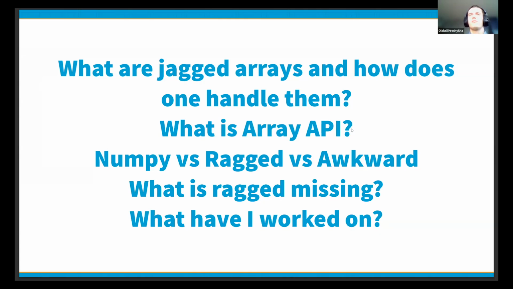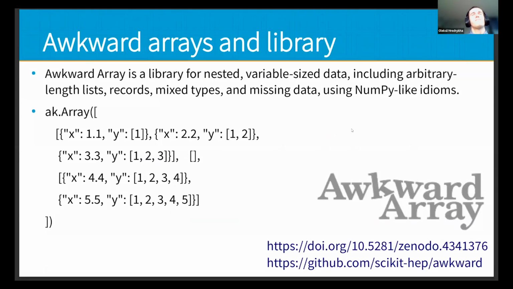what the differences are between Ragged and other libraries which handle arrays, what things are currently missing from Ragged, and at the end talk about what my work has been this summer. And to start, we will talk about jagged arrays.